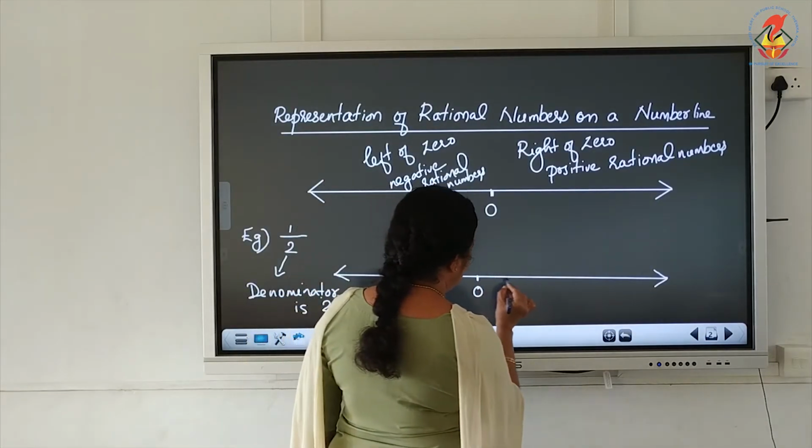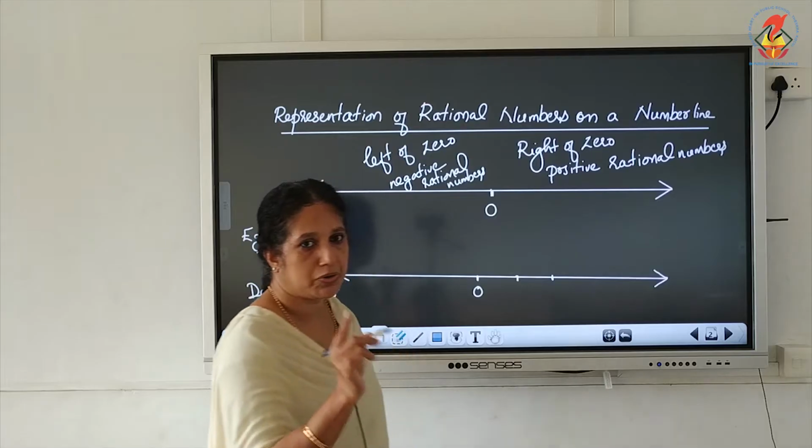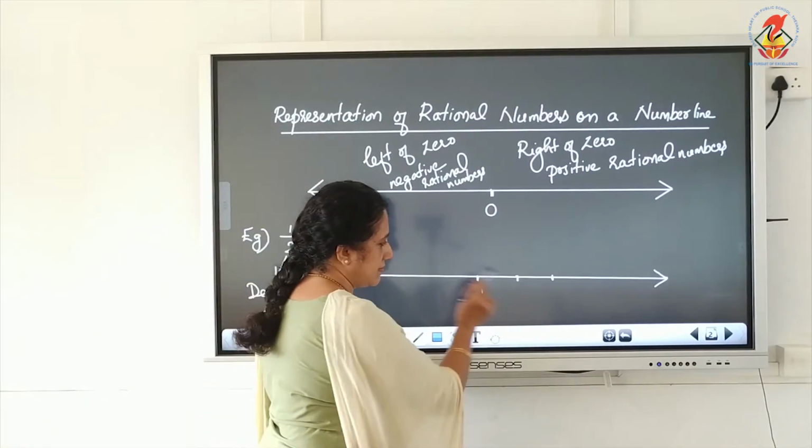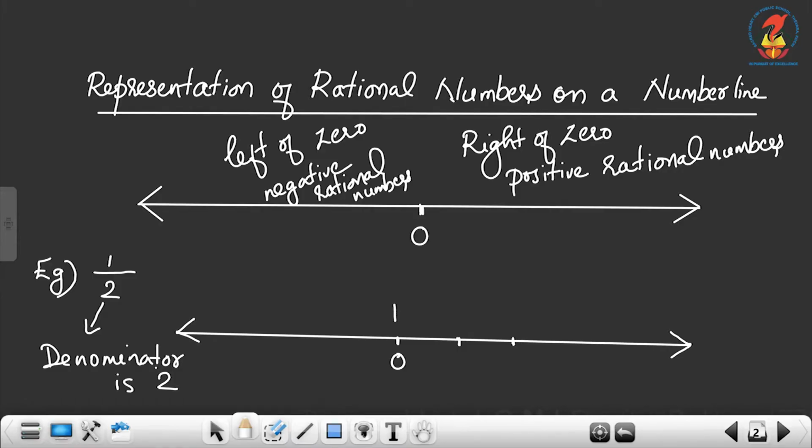Then, for the first point, take 1 centimeter on your scale and mark the first point. And from there again measure 1 centimeter and mark the next point. So, you marked 2 points. From this you can see that this part is divided into 2 equal parts.